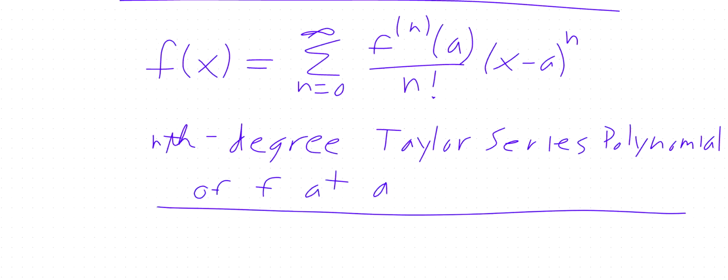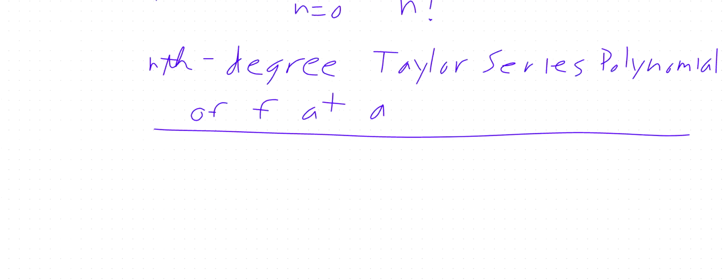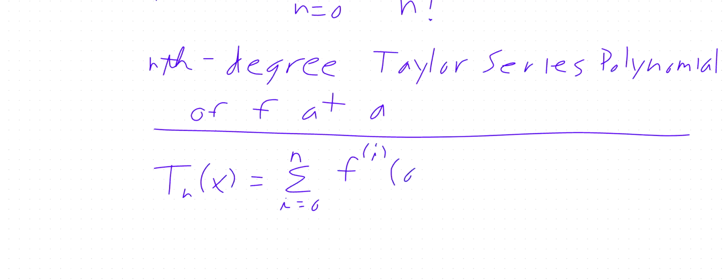Now we're going to call this T sub n, and it's going to be a function of x. And this is going to be our summation of i equals 0 to n, so a partial sum, of the i-th derivative of f at a over i factorial times x minus a to the i.